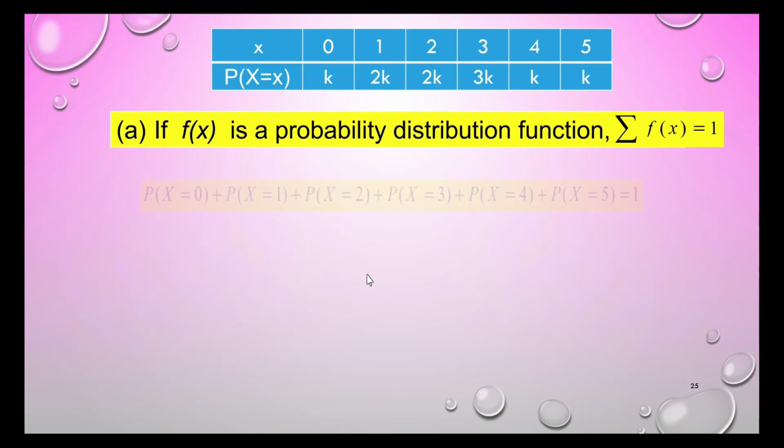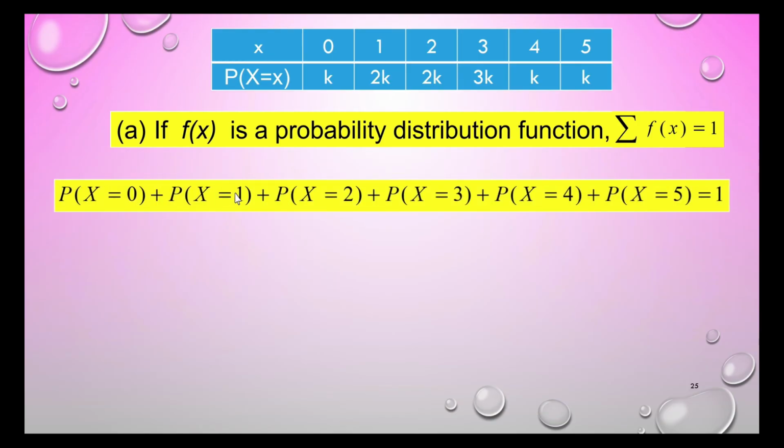Okay, next, we try to find the sum of all possible probability, P(x equal 0) plus P(x equal 1) plus P(x equal 2) plus P(x equal 3) plus P(x equal 4) plus P(x equal 5), and all must be equal to 1.